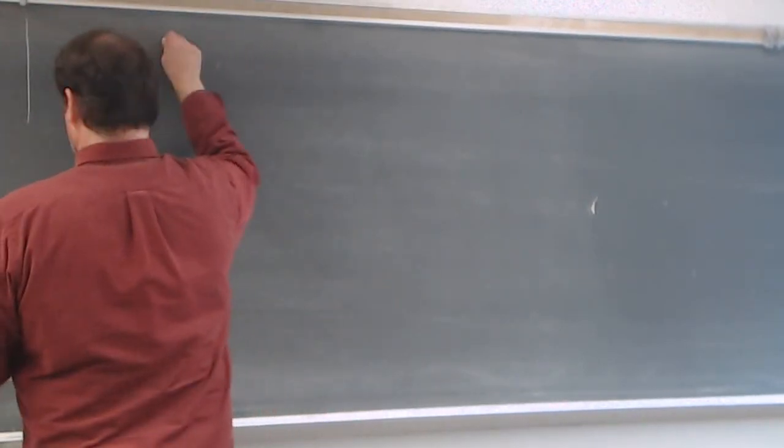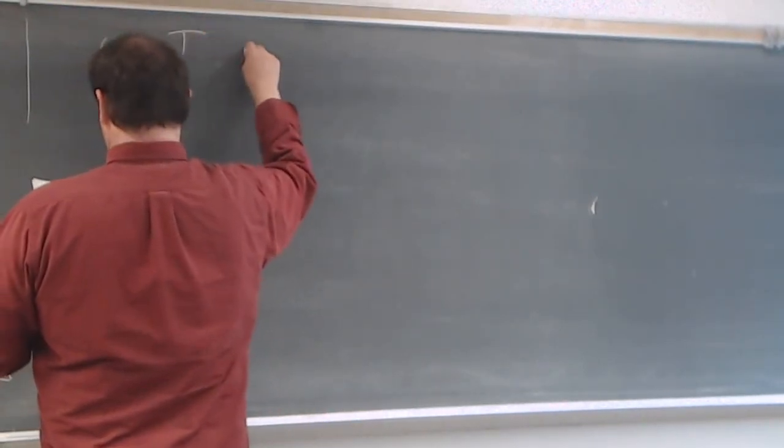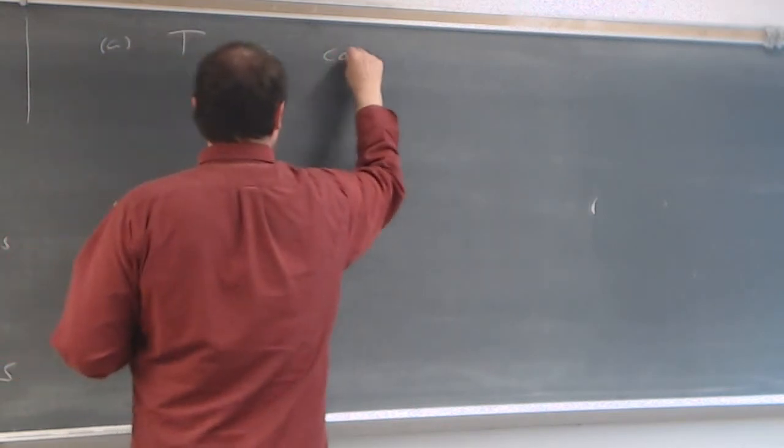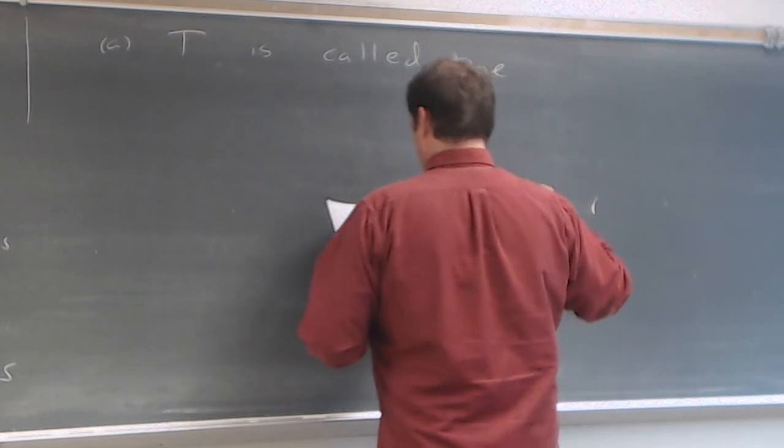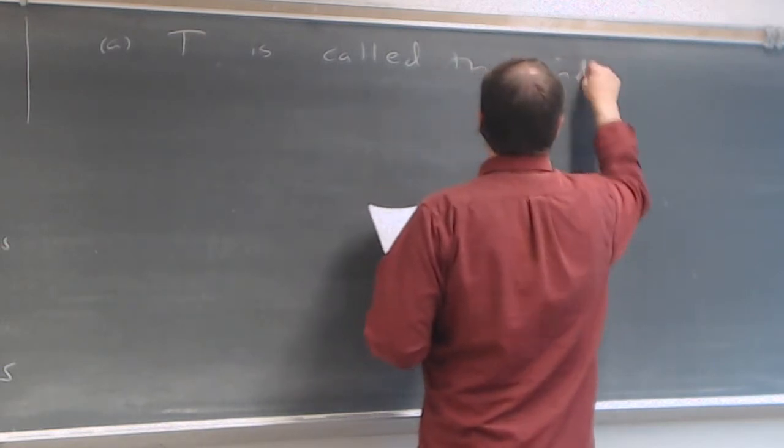First definition is that T, as I have been saying, is called the index set of the process.